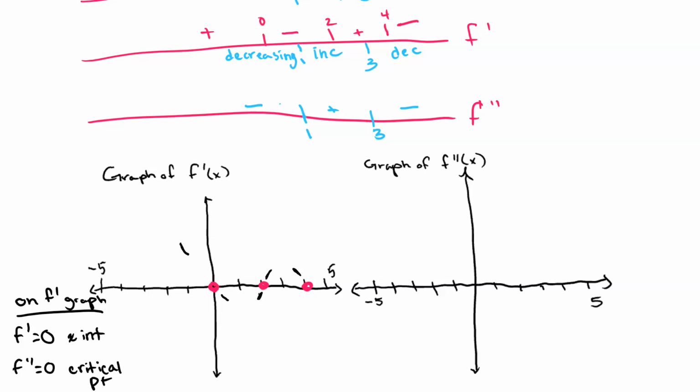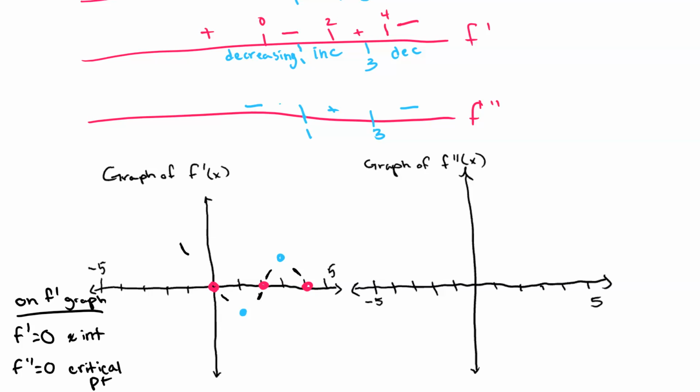Now we need to think about our critical points where the second derivative equals 0. Those are going to end up being our maxes and mins. The second derivative equals 0 at 1 and at 3.